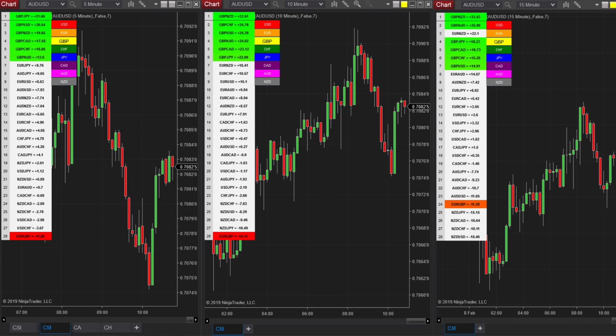The currency matrix was the second one. And we developed this because if you imagine looking at a single chart, let's say a euro-dollar chart, and that particular currency pair is rising. Is that rising because the entire market is buying euro and selling dollar?